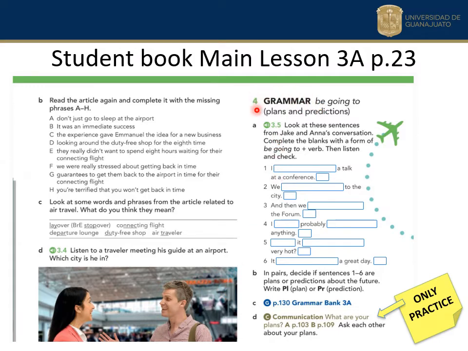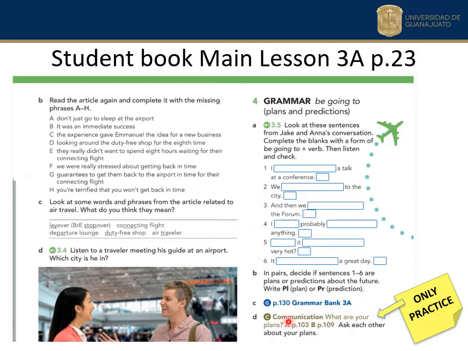And now we have the grammar on number 4. Okay, we use be going to, and usually we use it for plans and predictions. Aquí vamos a completar. Ahorita vamos a ver la parte de la gramática, las estructuras, pero en esta parte es donde estarían completando con estas frases, ¿ok?